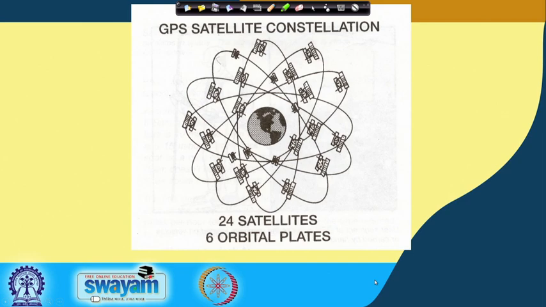You see here the GPS satellite constellation, which shows 24 satellites moving across 6 orbital planes. Nowadays the number has been increased. So, 24 or more satellites are basically orbiting the Earth in 6 orbital planes, and they gather the locational information.